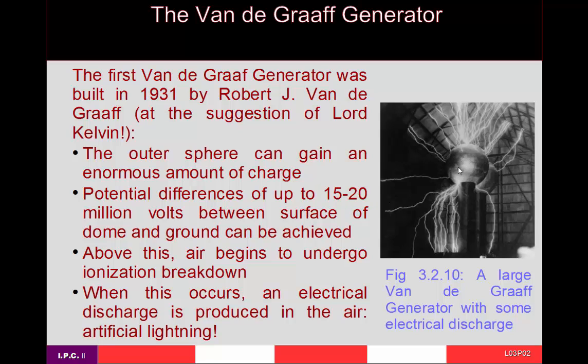So you can imagine that you'd get some effect like this, where you've got air arcing, lightning bolts basically being created by this Van de Graaff generator. You could think of it as an artificial lightning generator.